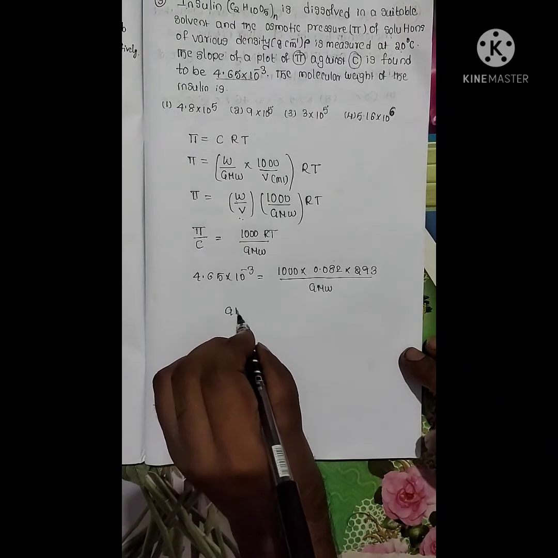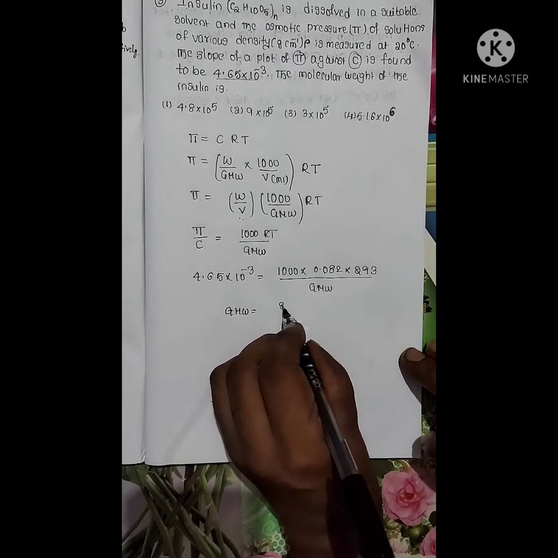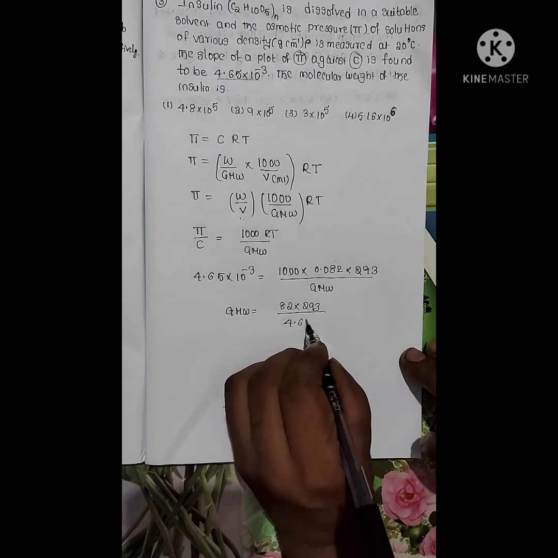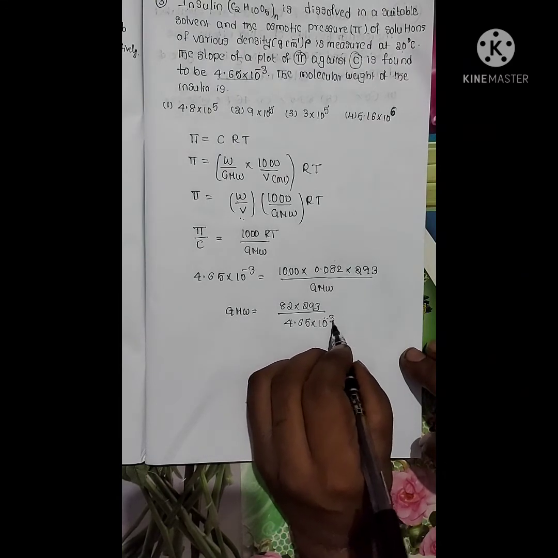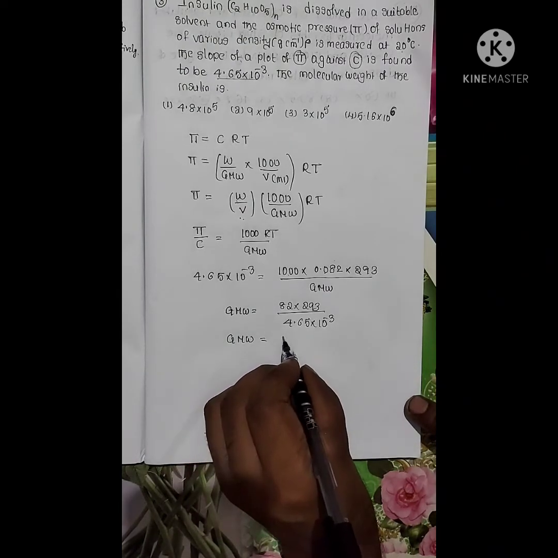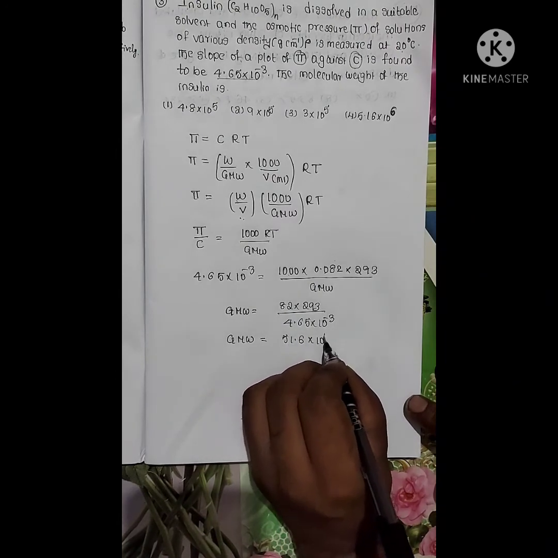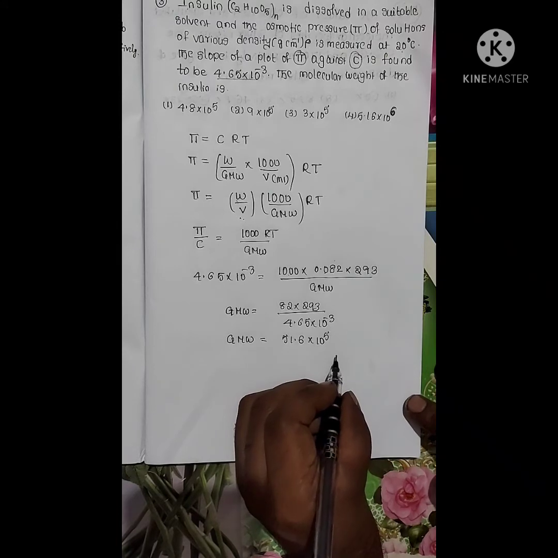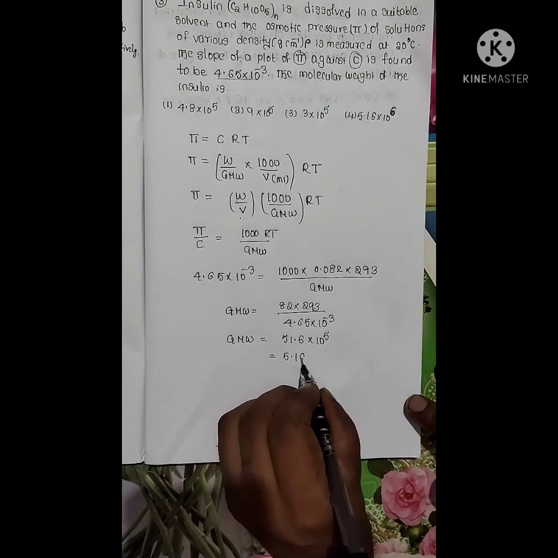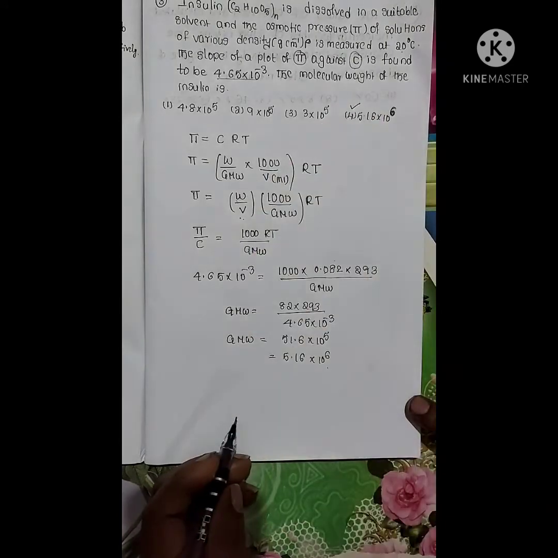So gram molecular weight equals 82 into 293 by 4.65 into 10 to the power of minus 3. Then simplifying, gram molecular weight equals 51.6 into 10 to the power of 5, that is 5.16 into 10 to the power of 6. This is the answer. Option 4 is correct.